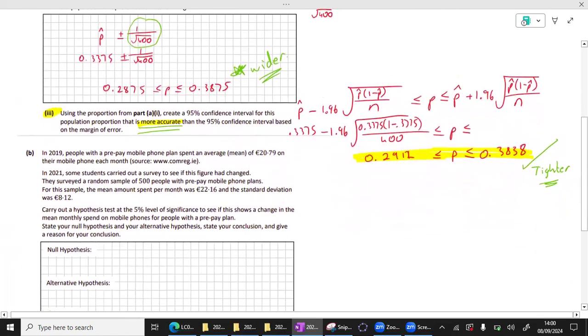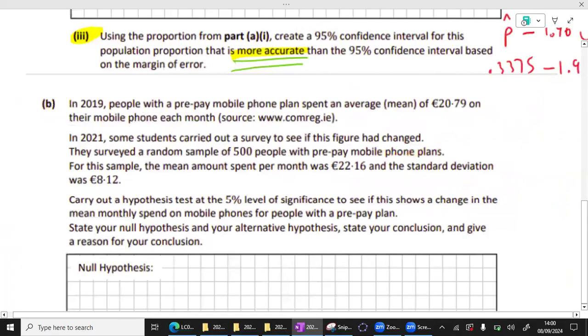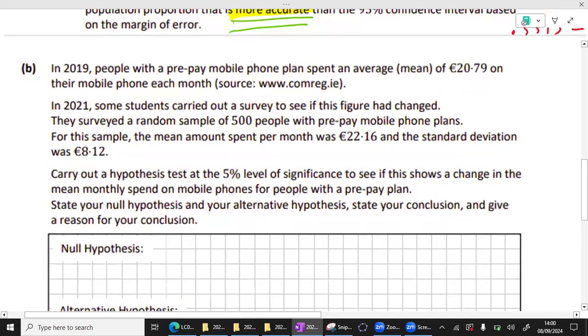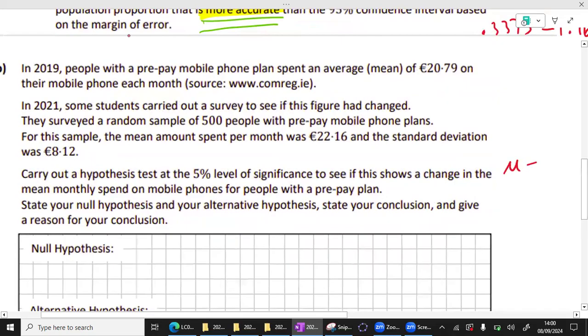Okay, in 2019, people with a prepay mobile plan spent an average of, okay, so this is a population average. I'm just going to write this on the side. We haven't looked at the question yet: 20.79. In 2021, some students carried out a survey to see if this had changed. They surveyed 500 people who had a prepaid plan, and that's the mean amount spent.